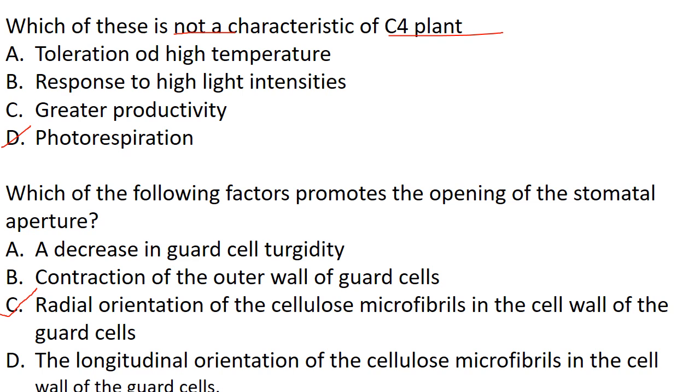It is photorespiration. C4 plants don't undergo photorespiration. Photorespiration, what is it? It is rubisco attaching to molecular oxygen in C3 plants, and one molecule of phosphoglycerate and one molecule of phosphoglycolate are produced, and this is known as photorespiration.